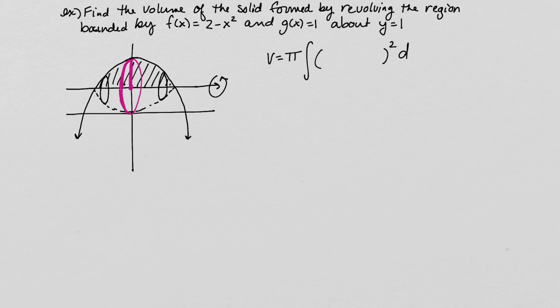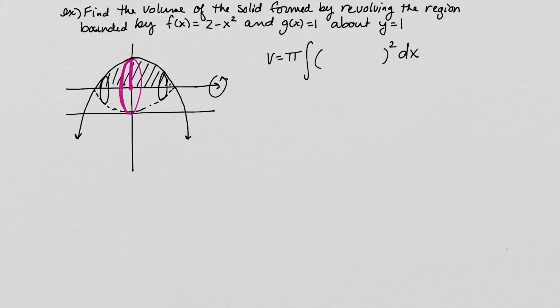But if you think about it, my discs are standing straight up and down here, so they're perpendicular to the x-axis. So it's going to be a dx. You can think about it, the line y equals 1 is horizontal, just like the line y equals 0, the x-axis. So it's going to be that similar type thing, dx.